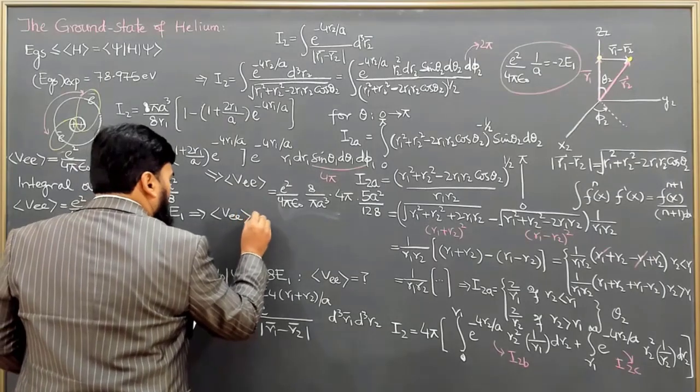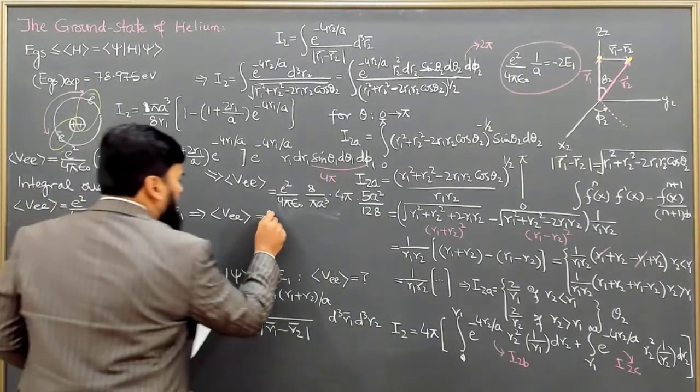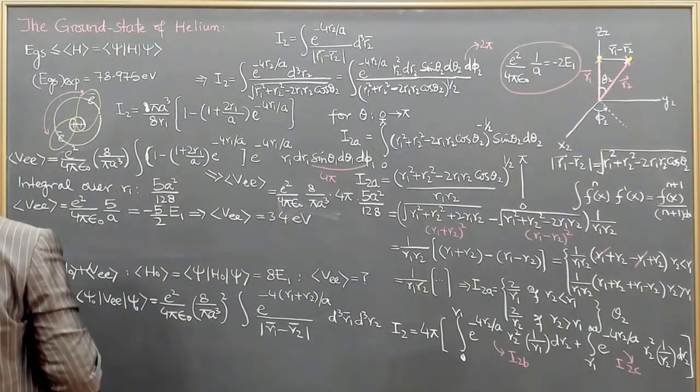Because this is minus and minus here, it becomes plus, so V_EE is 34 electron volt.